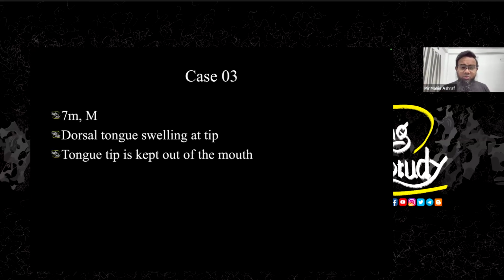Anyway, the baby had tongue swelling at the tip since birth, and the tongue is coming out from the mouth. So it looks like a macroglossia picture. They were suspecting some hemangioma-like thing or vascular malformation, so it was sent to us for further evaluation with high-frequency ultrasound.